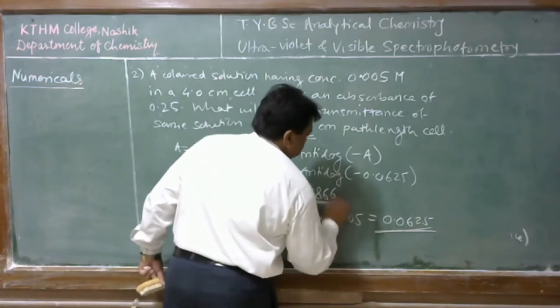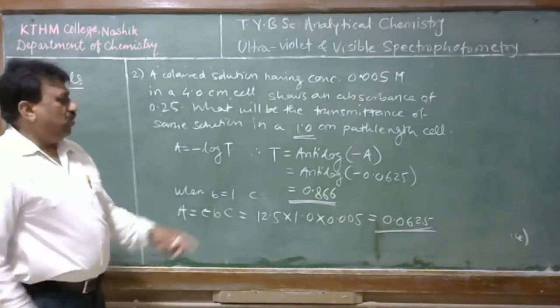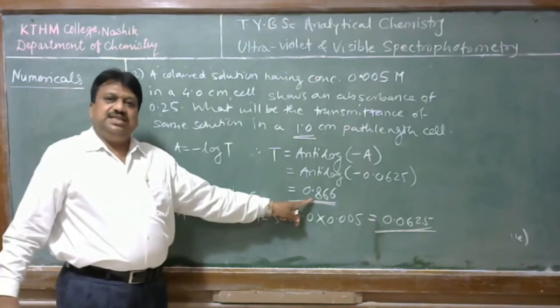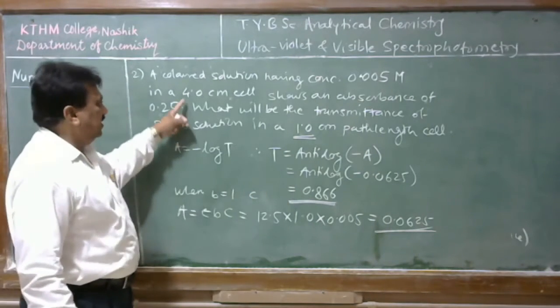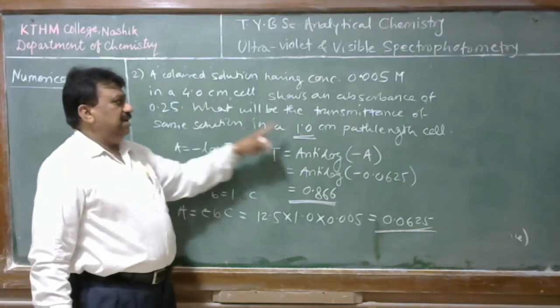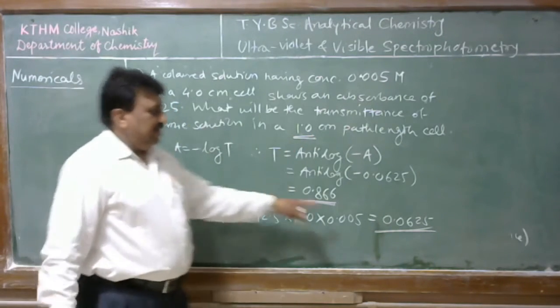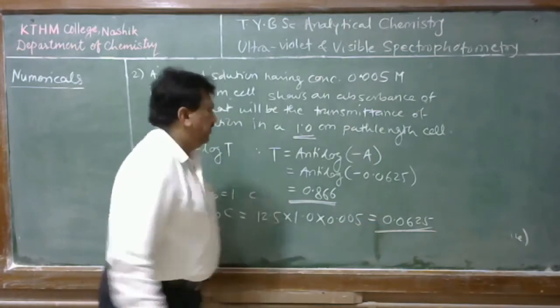This is the transmittance. Therefore in the 1 centimeter cell transmittance increases, and absorbance decreases to 1/4. But we can find it in this fashion.